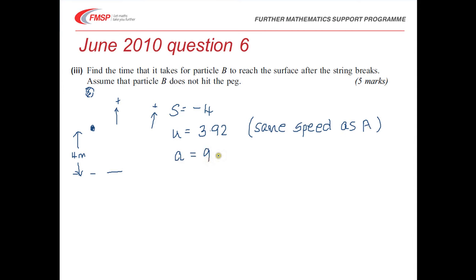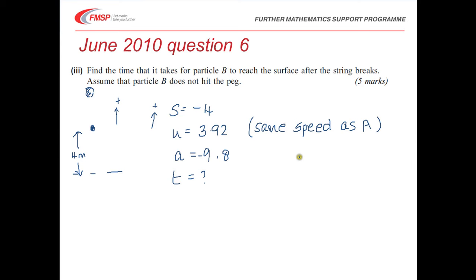So that is going to be 9.8. And T is what we're asked to find. And acceleration then is going to be negative if we're taking U to be positive and upwards to be positive.